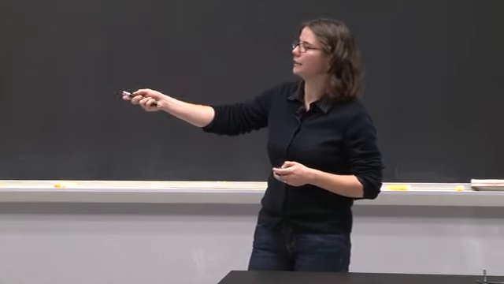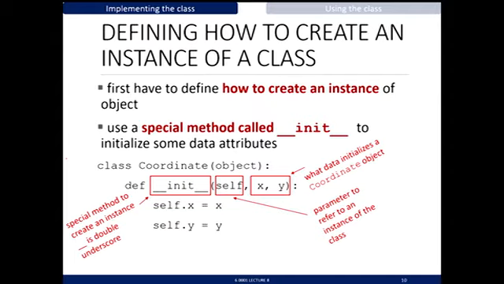In this particular case, we're going to initialize a coordinate object by two values, one for the x and one for the y. And inside this __init__ method, we're going to have two assignments. The first one says the x data attribute of a coordinate object, I'm going to assign it to whatever was passed in. And the y data attribute for a particular object is going to be assigned whatever y was passed in.